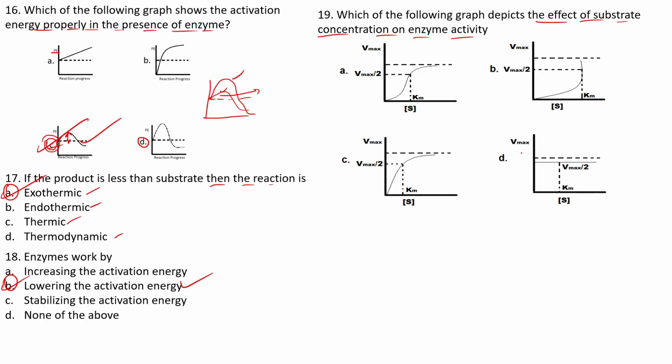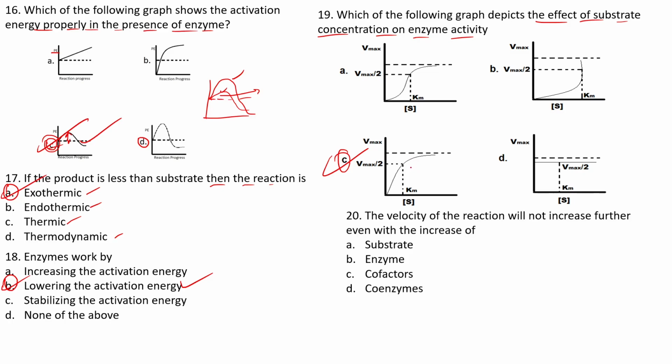If you look over here, the C option is more appropriate, because the line increases as the concentration increases, but it becomes constant even if the substrate increases beyond the enzyme concentration, right? So C is the right option for this question.